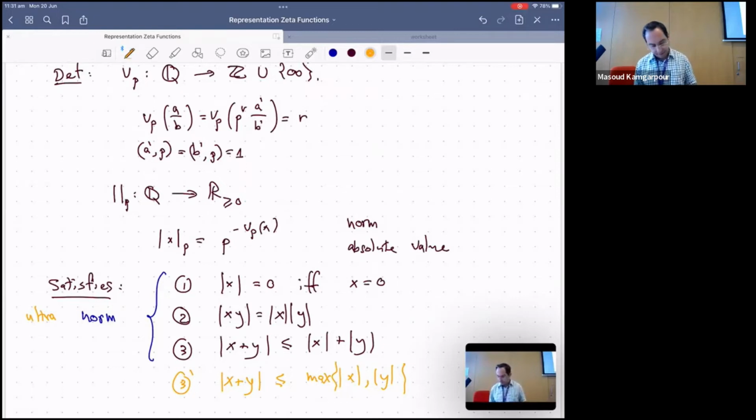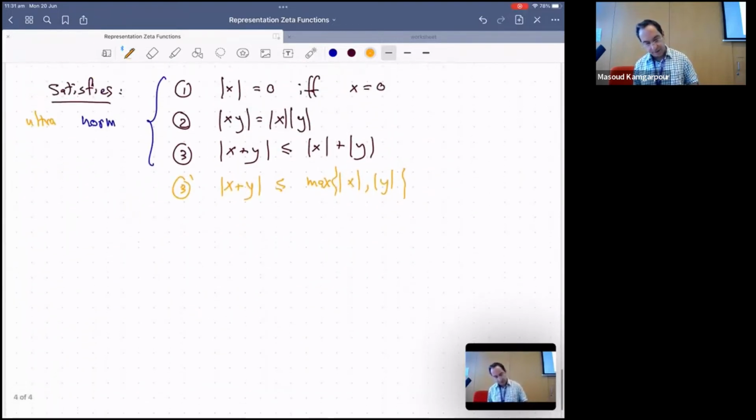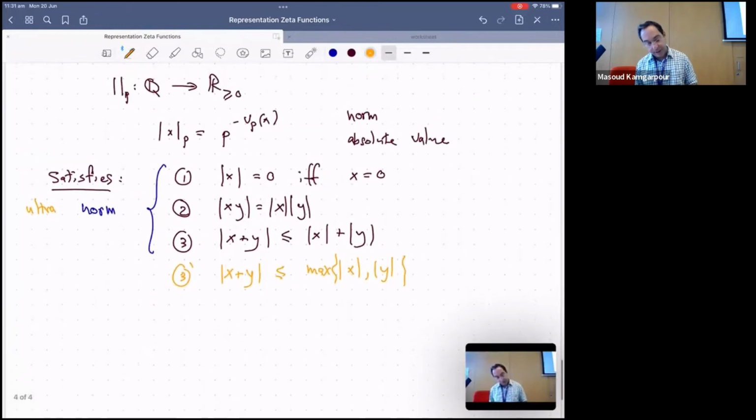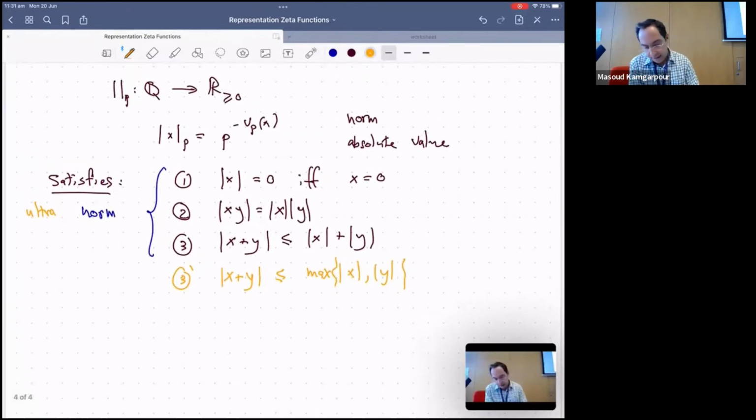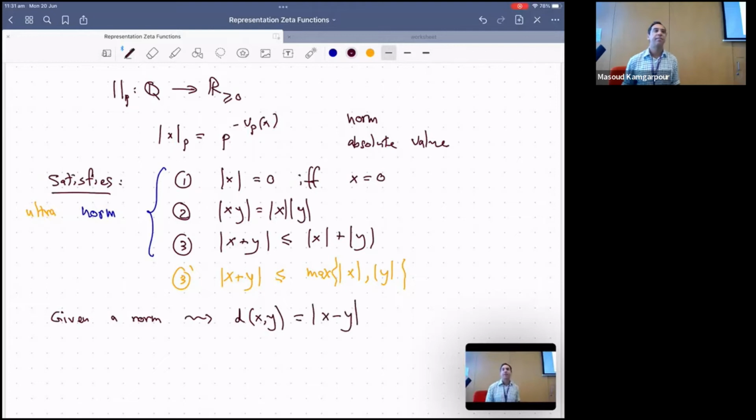Okay, that's an ultranorm, and we can now define the p-adics, or maybe before that, whenever I have a norm, given a norm, I can define a metric, so d of x, y is the norm of x minus y.